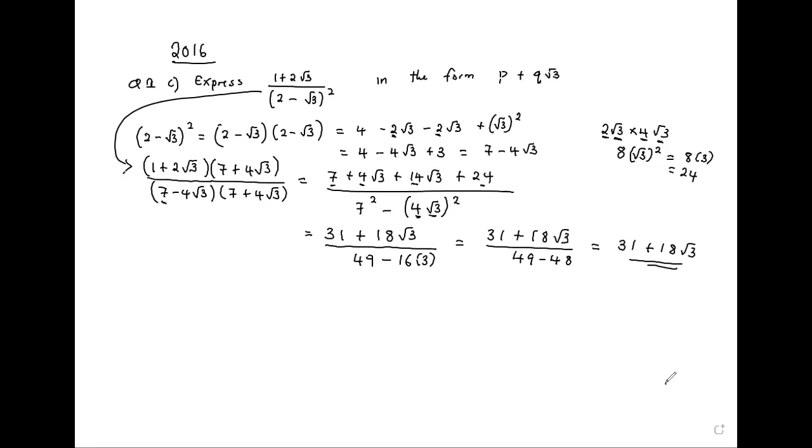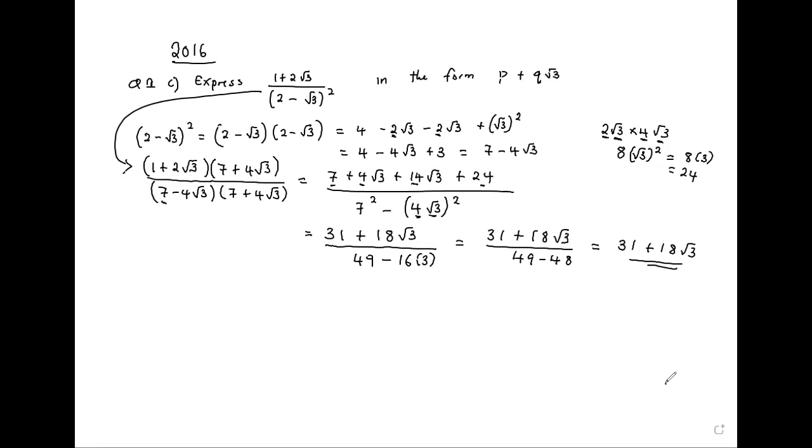Sir, how did you multiply the denominator? Which denominator? The 7 minus 4 root 3 multiplied by 7 plus 4 root 3.